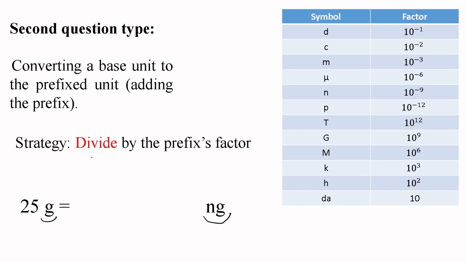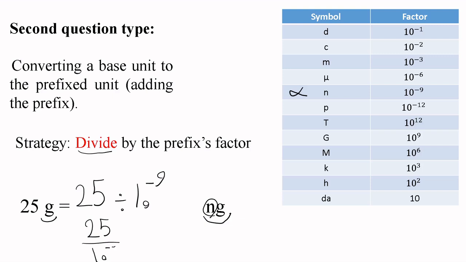25 grams. Look, we have a base unit here and we want to convert it to a prefix unit, right? So what should I do? I must divide. By what? By the prefix factor. We have nano here. What is the number of nano? 10 to the power of -9. So 25 divided by 10 to the power of negative 9. I can write it as 25 over 10 to the power of negative 9.